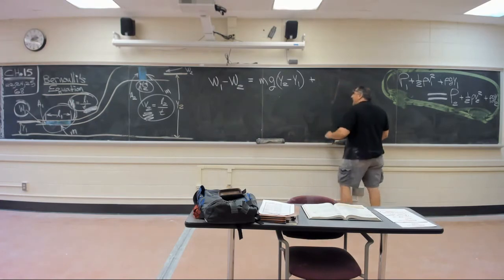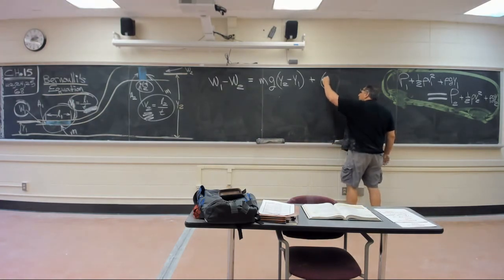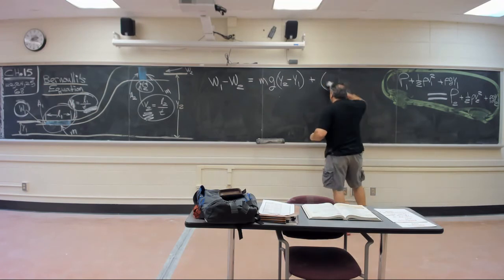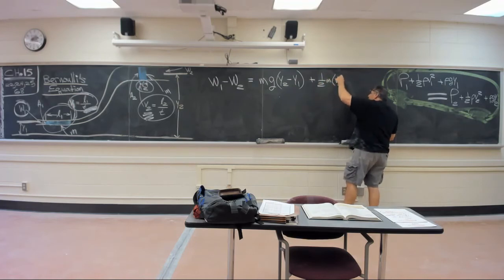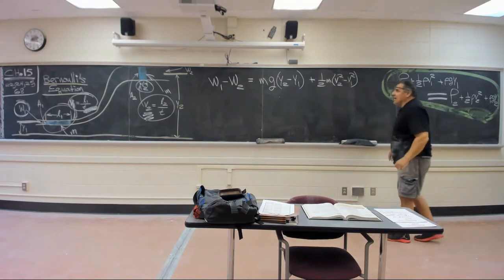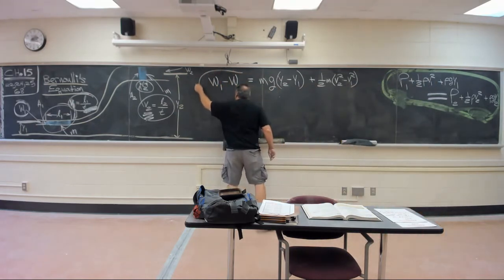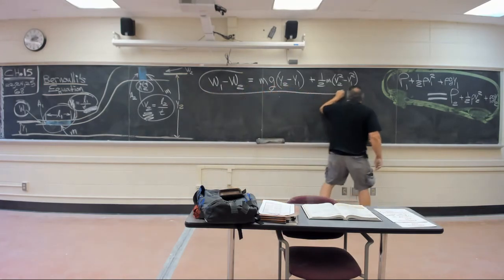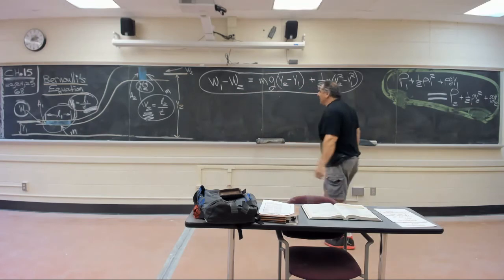It means that you gained potential energy, but you lost kinetic energy. V2 isn't as big as V1. And this describes what just happened. We're certainly not done, but it describes a lot.